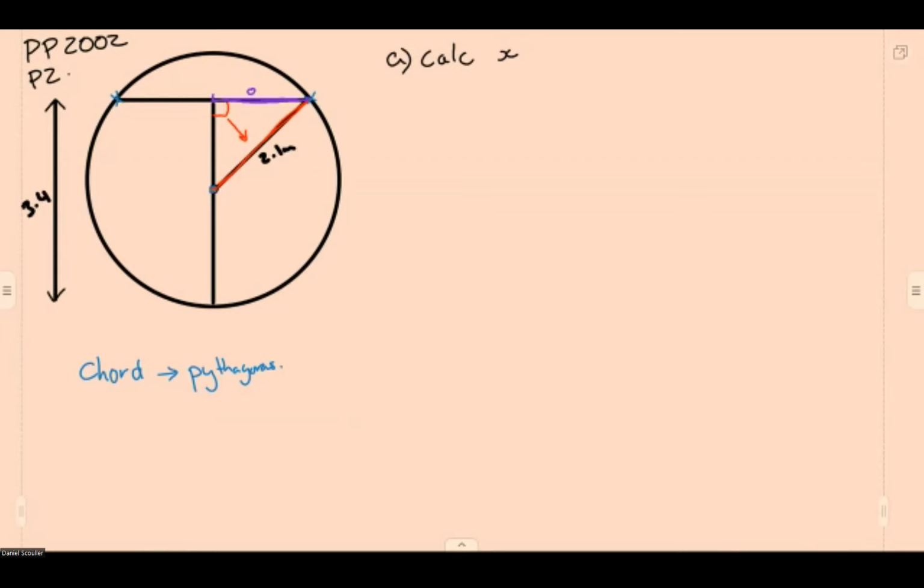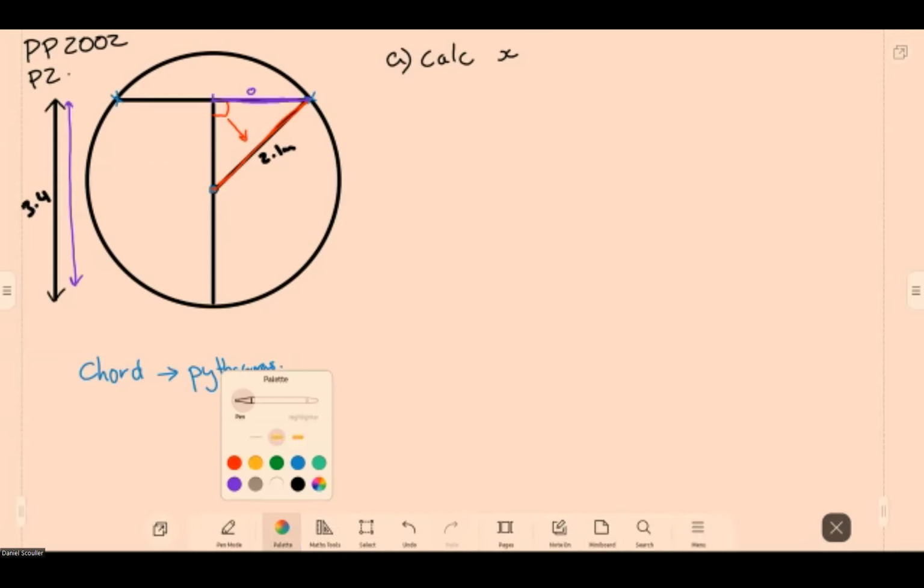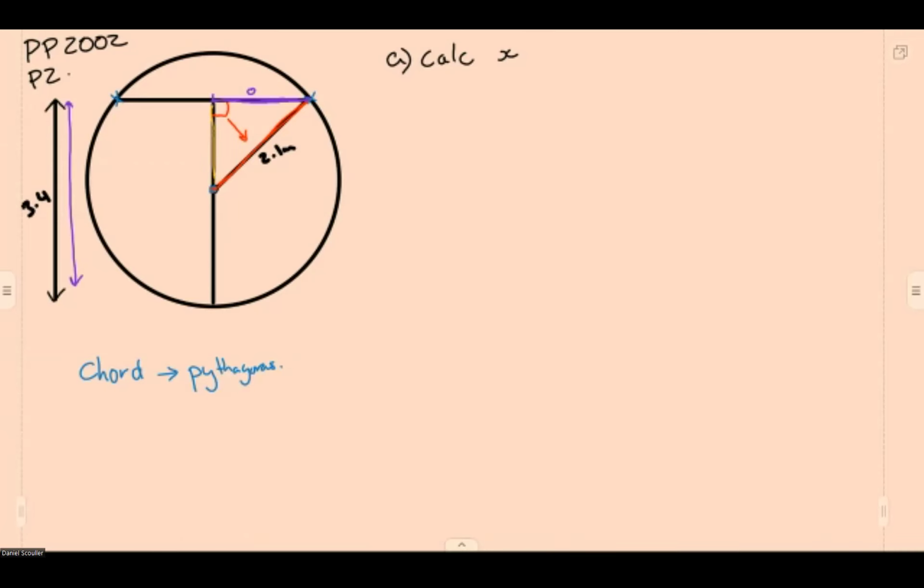So we've got one side, we've got the hypotenuse, we know it's a right angle. What else can we figure out? Well, we've got this 3.4 meters that goes from the surface right down to the bottom of the circle. The 3.4 meters is no use to us. We need just the short side of the right angle triangle, just this side here.